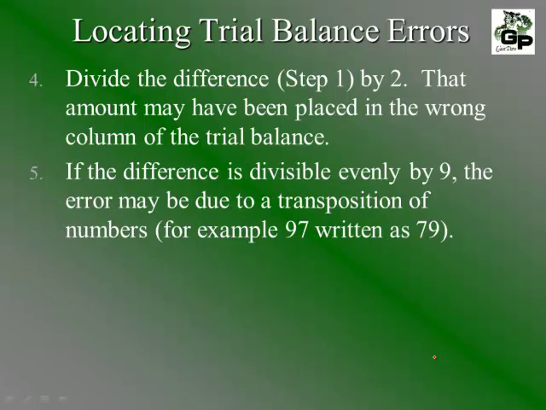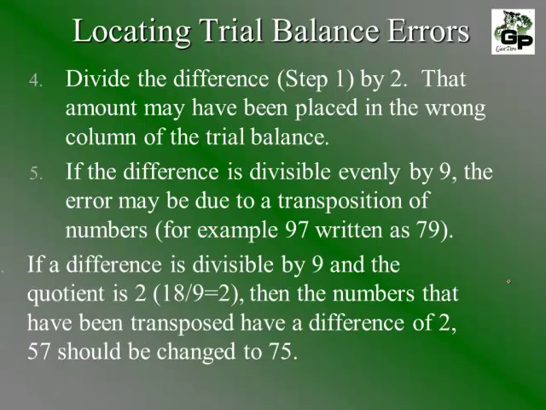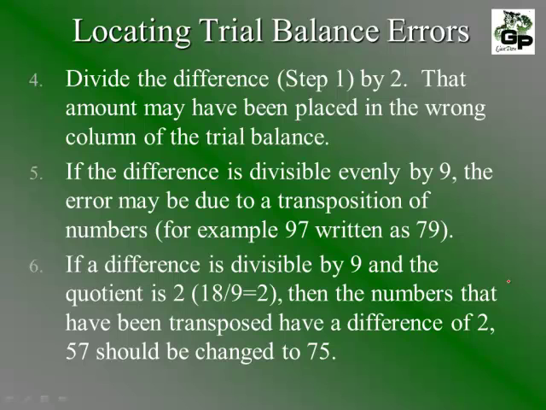Step 5. If the difference between the debits and credits is divisible evenly by 9, the error may be due to a transposition. 97 written as 79, 64 written as 46, and so on. If a difference is divisible by 9 and once it's divided by 9 the quotient is 2, then the numbers that have been transposed have a difference of 2.